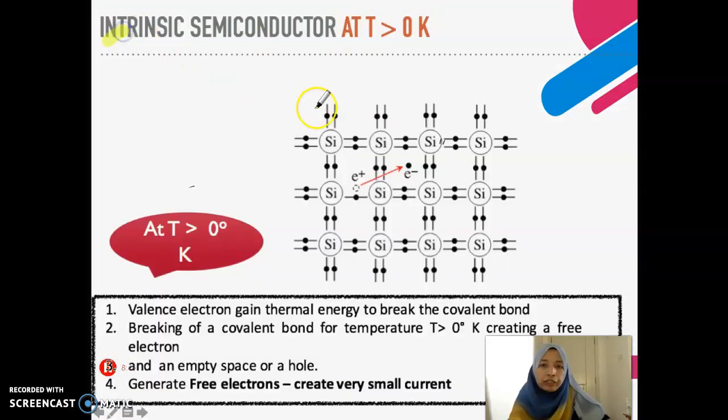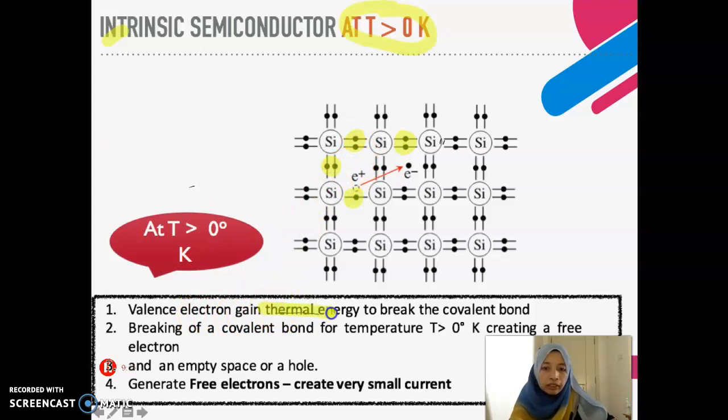It's still pure intrinsic, but we're going to heat the semiconductor at T equal to more than 0 K. Let's say 40 or 50 degree. So what will happen at the covalent bond? So we know in between here there is a covalent bond. But once you apply heat at the semiconductor, the valence electron at the semiconductor start to gain what?